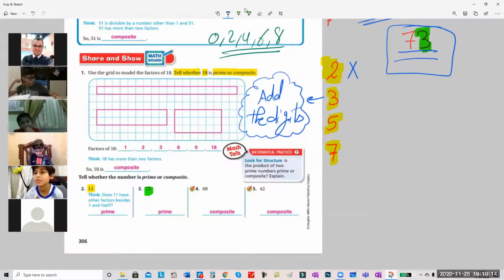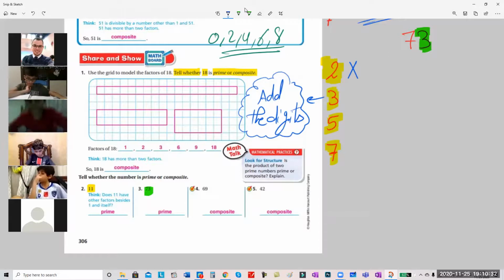Come on, guys, you have to keep these rules in your mind. You can't know that a number is prime or composite without using these rules. So 73, if you want to make sure whether it's divisible by 3 or not, you have to add its digits together. So 7 plus 3 equals what, Ali?